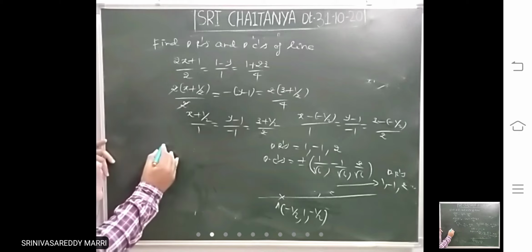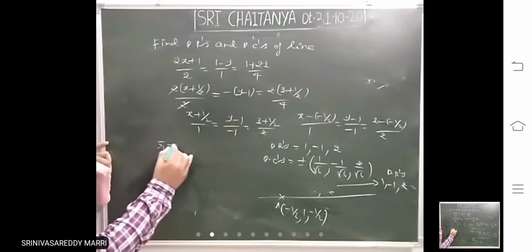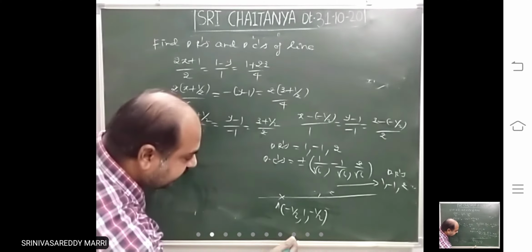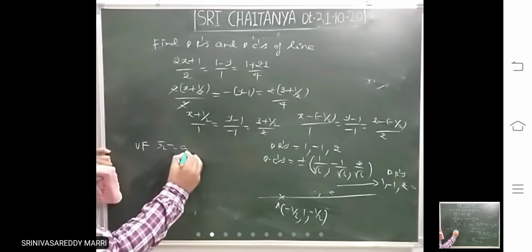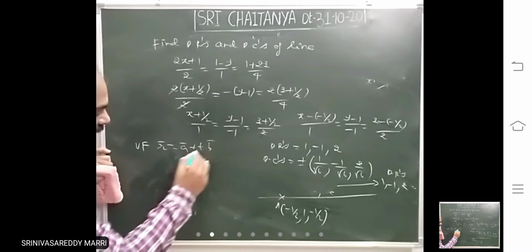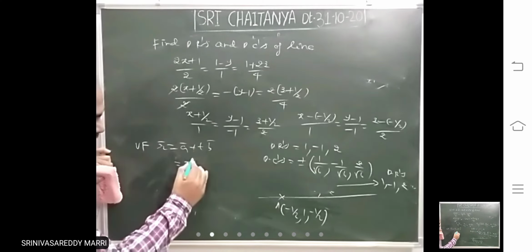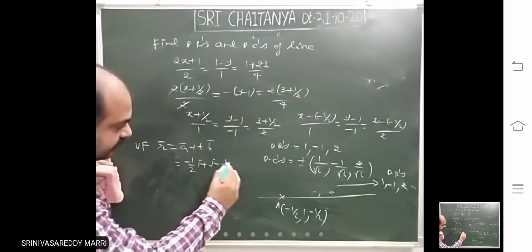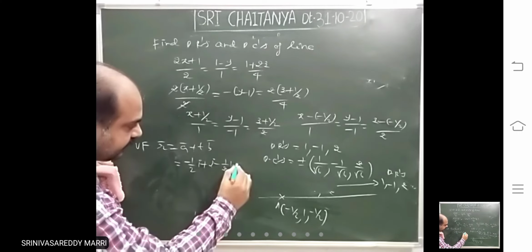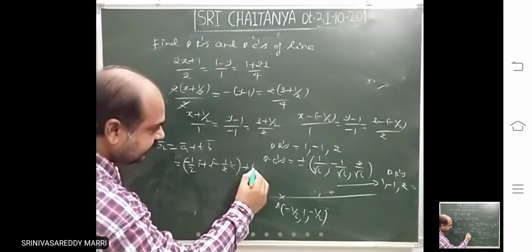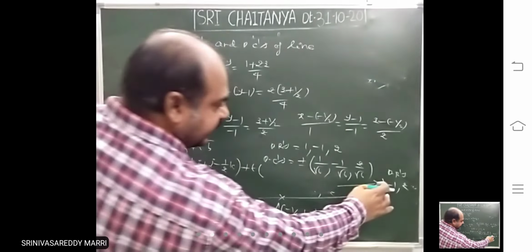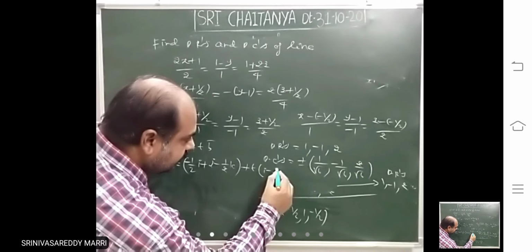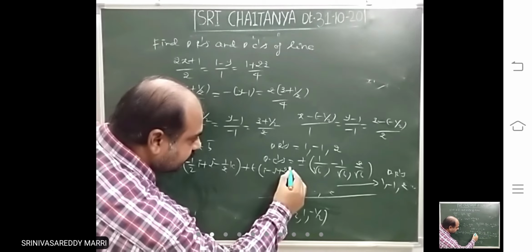Suppose you want to write it in vector form. This is the position vector A bar, and the line is A bar plus t B bar: minus 1/2 i plus j minus 1/2 k plus t times (i minus j plus 2k).